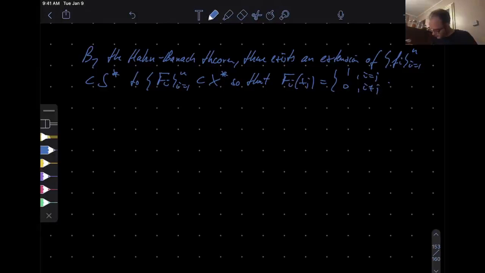Okay, now define the projection. Once we have the projection, then the statement about that complementary thing is clear.